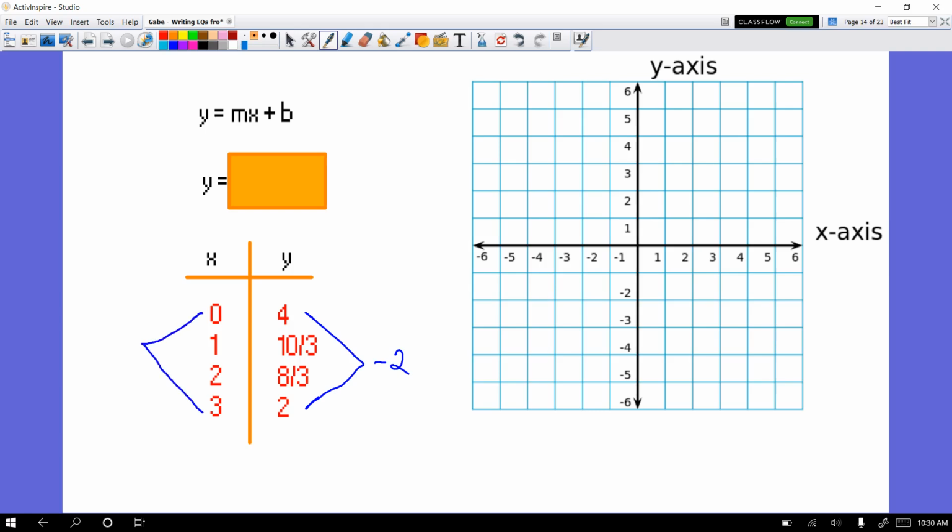How's it going from here to here? Plus 3. We put that on top of each other, and we have our slope. Okay? So we know that when x is 0, we have our y-intercept. It's right here. Check this out.